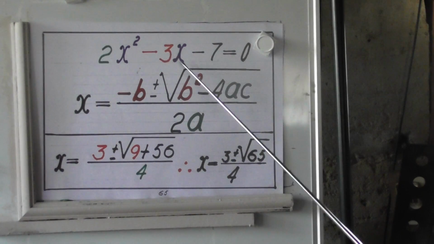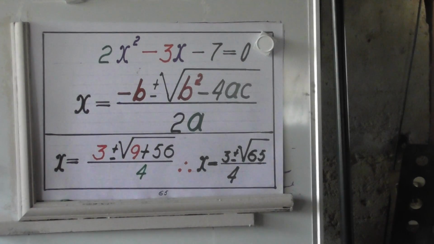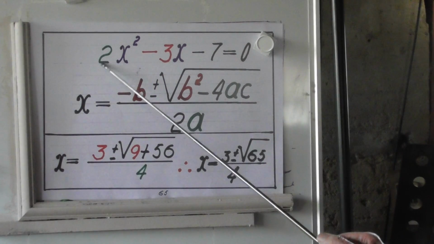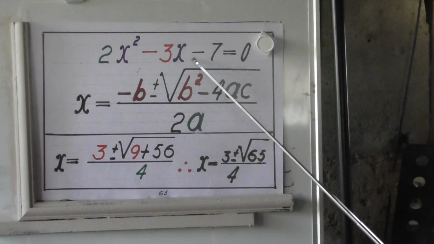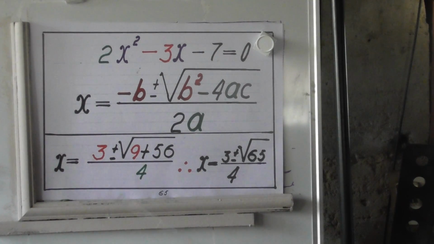And b is -3, so b squared is 9. -4 a, so that's -8a, times -7, that is positive 56. And 2a, a is 2, so 2a becomes 4.